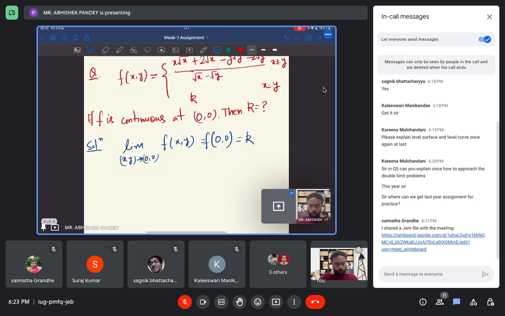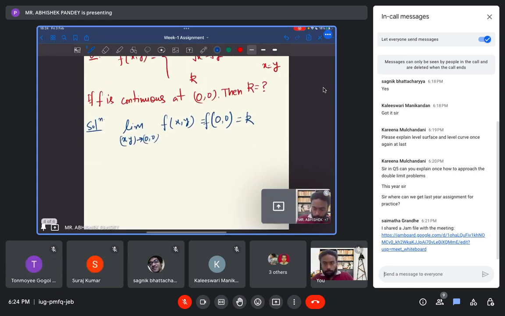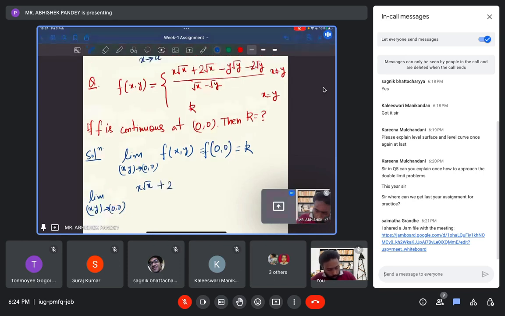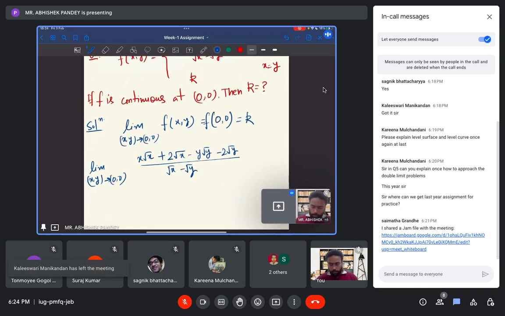So basically, to find the value of k we have to find the limit of this function when (x, y) tends to (0, 0). That is the limit of (x√x + 2√x − y√y − 2√y) upon (√x − √y). So we have to find the limit of this function.